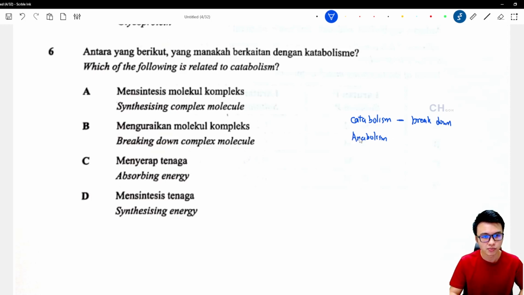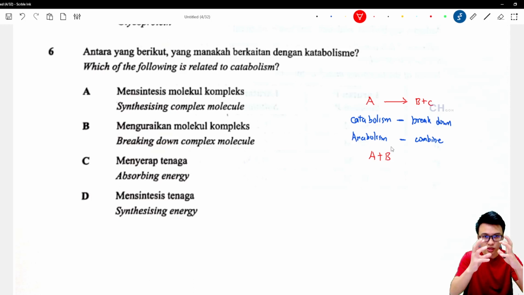How about anabolism? Anabolism combines simple substances into complex substances. If you want to make it into an equation, A will be broken down into B plus C for catabolism. For anabolism, you combine A plus B, the simple molecules, together to form the complex molecule.